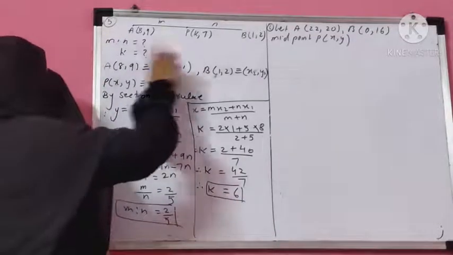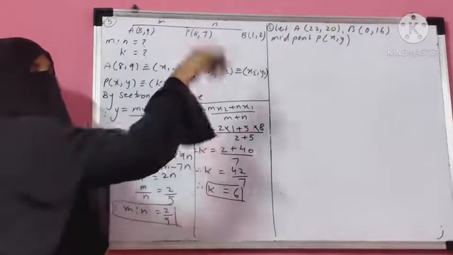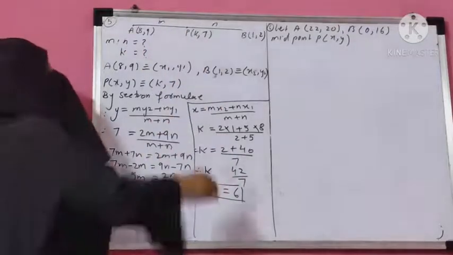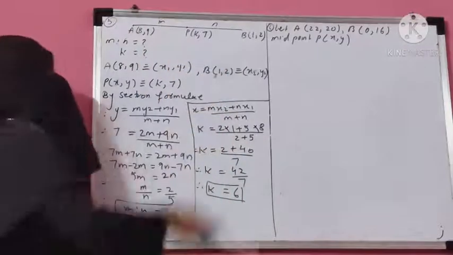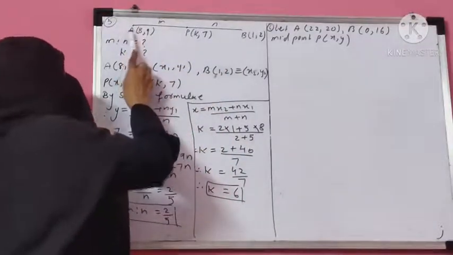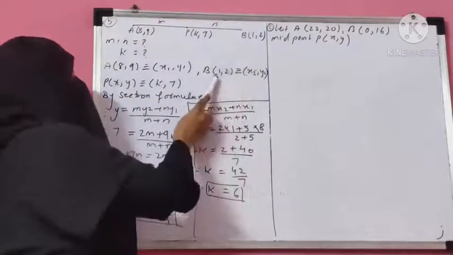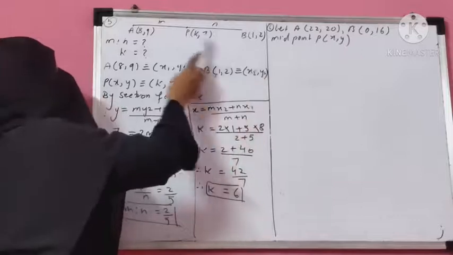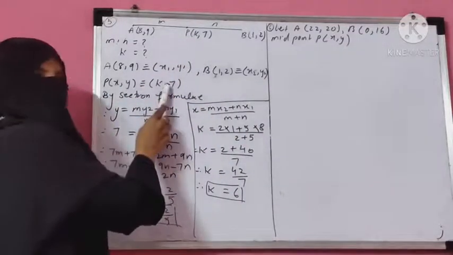So in this question, point P divides this segment in which ratio we have to find. Here A is the first point, so the coordinate is x1, y1. B is the second point, so the coordinate is x2, y2. And point P is the section point, so its coordinate is x and y.